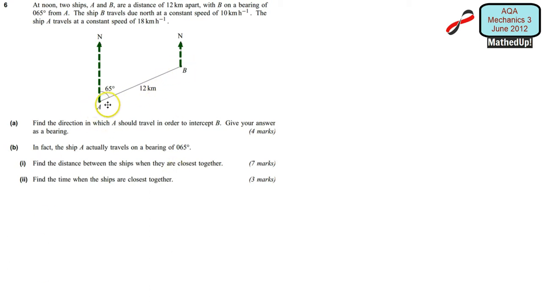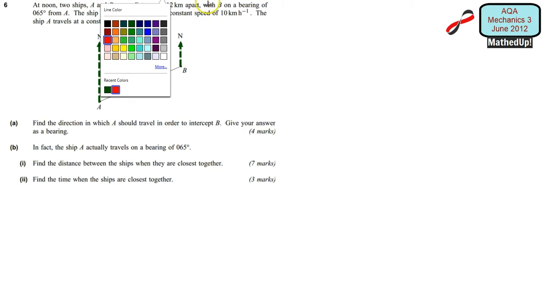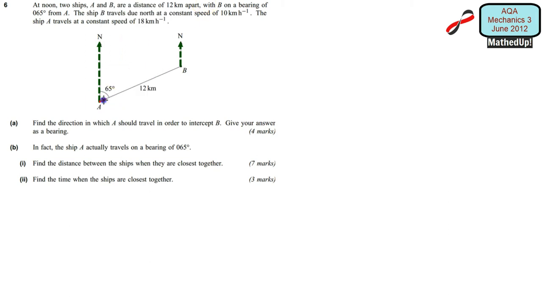So the velocity of A relative to B is going to look like this here. To B as the observer, A is going to look like it's coming directly towards it.